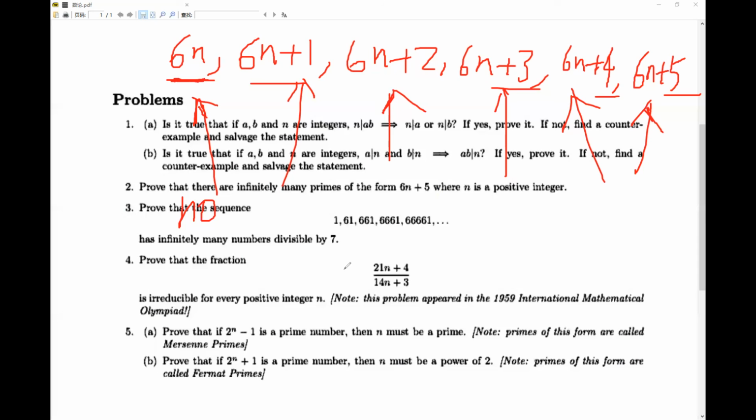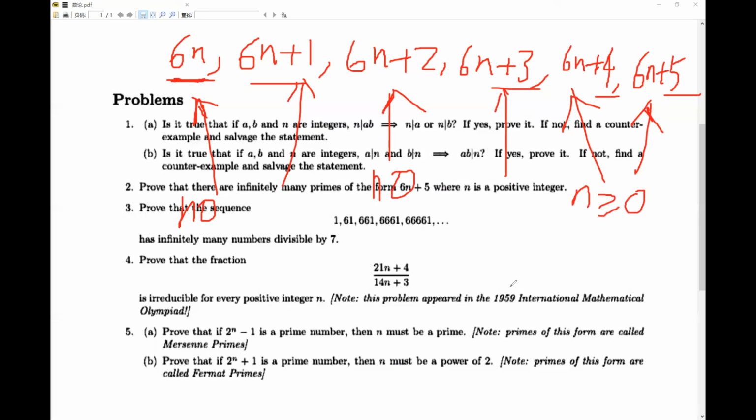Oh, sorry, 6n plus 2 cannot, unless n is 0. But 0 isn't a positive integer. Yes, we can say n is greater than or equal to 0.